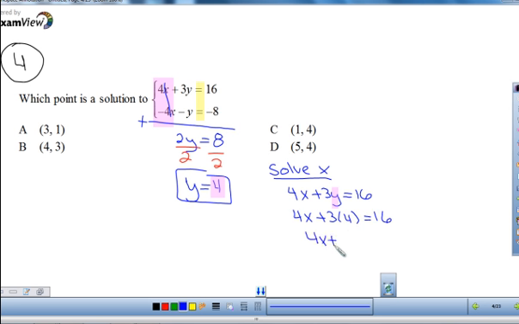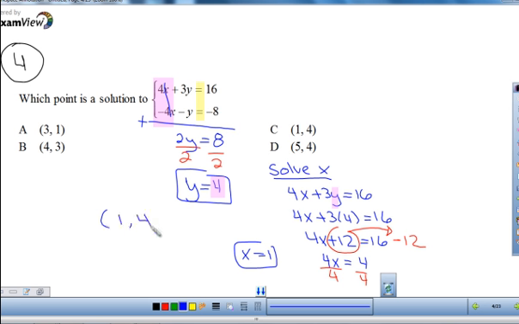So 4x plus 12 equals 16. We're going to move the 12 to the other side, so it becomes a negative 12. So 4x is equal to 4. Divide by 4. So x is equal to 1. So my point of intersection would be 1, comma 4, or my solution, (1, 4).